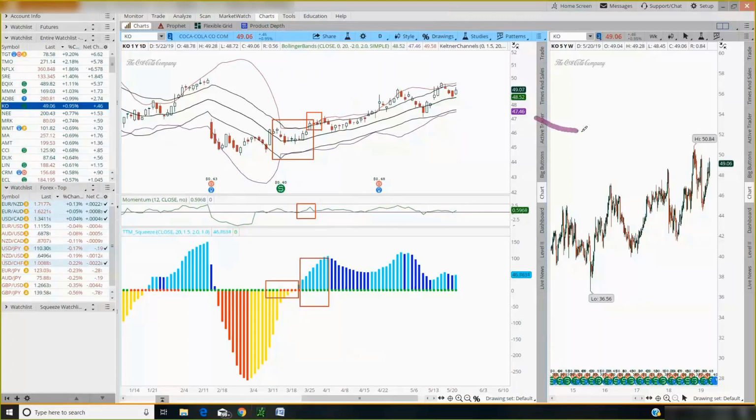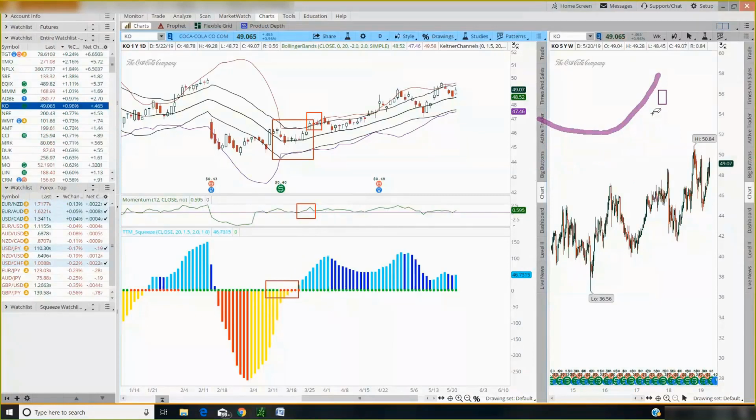They contract, they expand. Price hugs one way or the other, just like all of this, okay? Isn't that cool? It exploded to the upside. Now, looking back at this green dot, when you have the building of pressure, the green dot represents the squeeze firing.